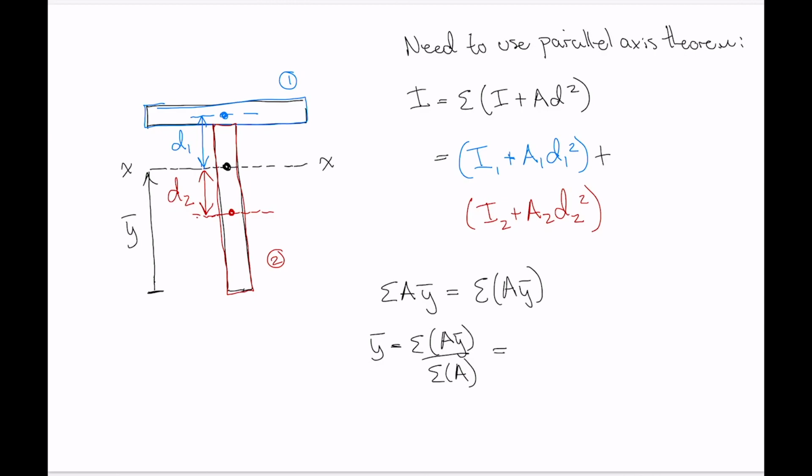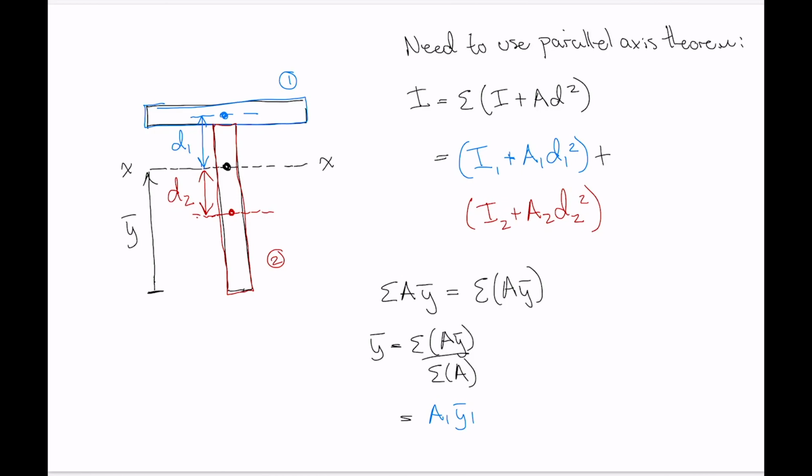The way this would expand out, I'll do on a new line here, not to mess that one up. We'd have A1 y bar 1. That's the area of shape 1 multiplied by, and this is important, its centroid location relative to the same datum that we're using for y bar.